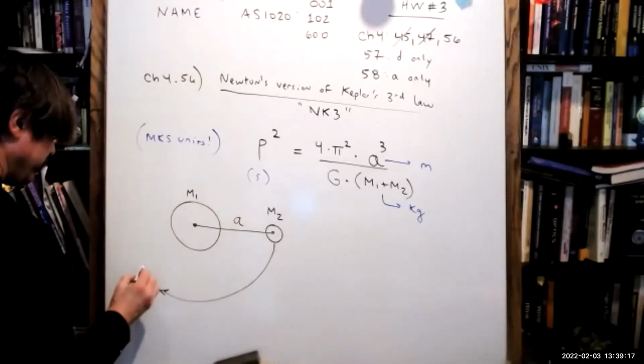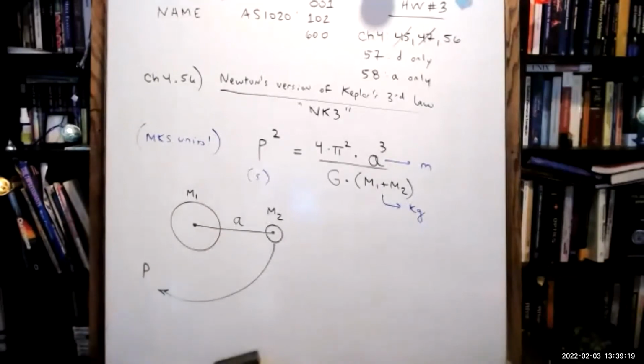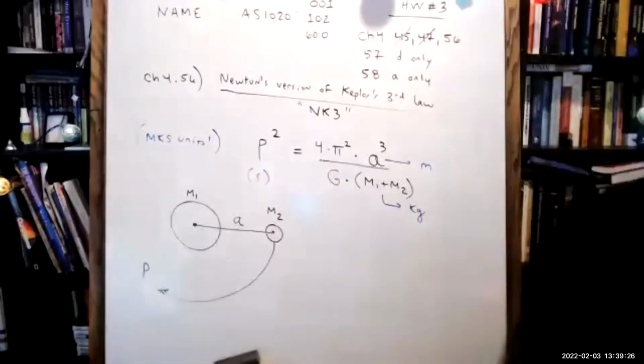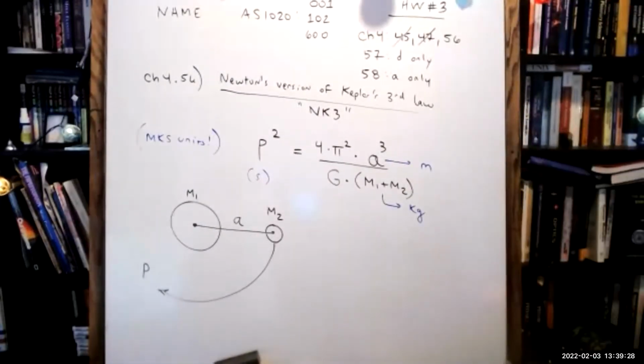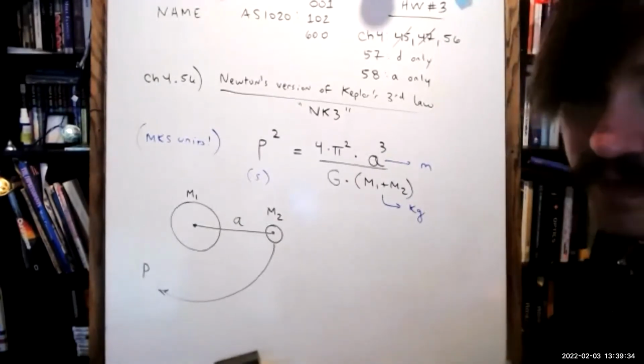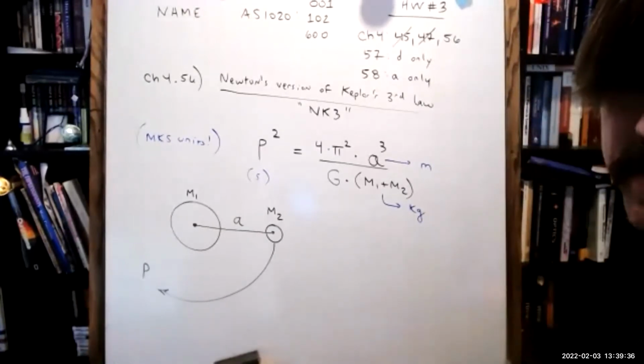And then M2 is orbiting around M1 with some kind of a period. Once again, I'll talk more about this equation next time, but today we'll just kind of plug in some numbers and see what happens.